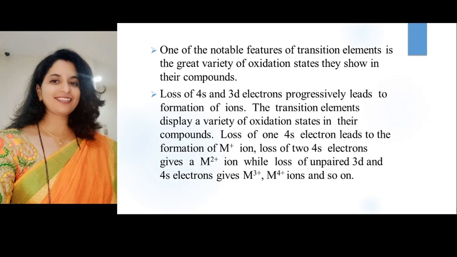Loss of two 4s electrons gives a M2+ ion, while loss of 3 electrons gives M3+ ion, and loss of 4 electrons gives M4+ ions, and so on.